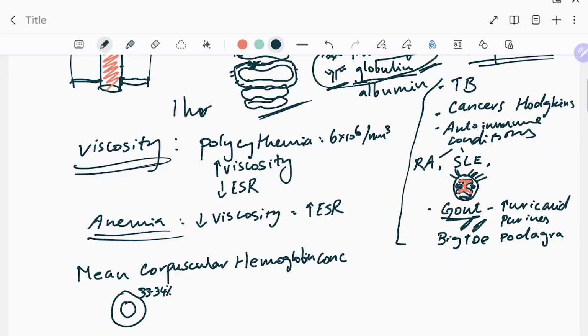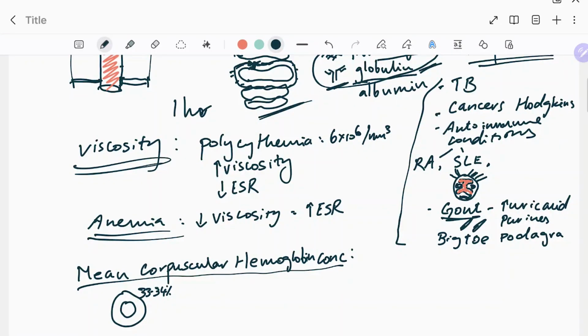So your MCHC might fall in those conditions. It's around 33 to 34%, which means 33 to 34% of your RBC cytoplasm is hemoglobin. This is the main constituent, remember, of your RBCs.